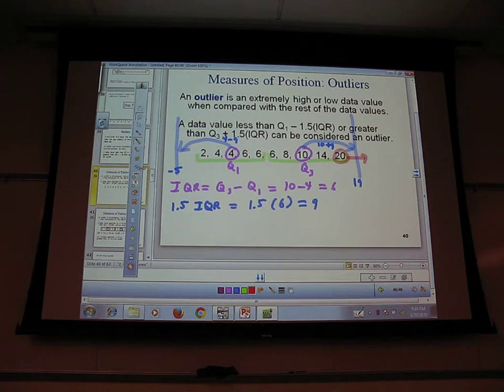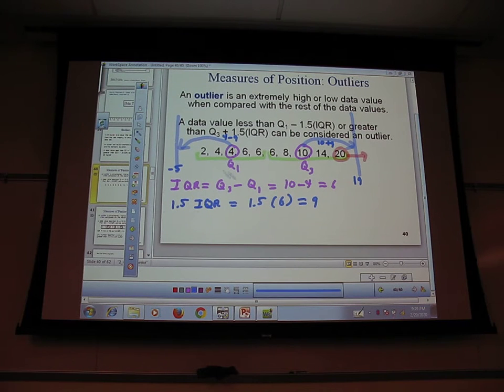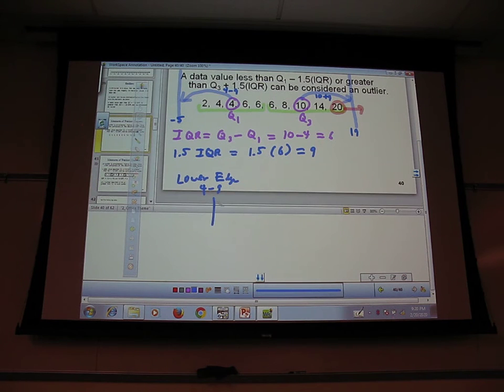So really the boundary, maybe I should move the boundary over. But yeah, we have our lower limit, lower edge, I guess you could say, is 4 minus 9, negative 5.